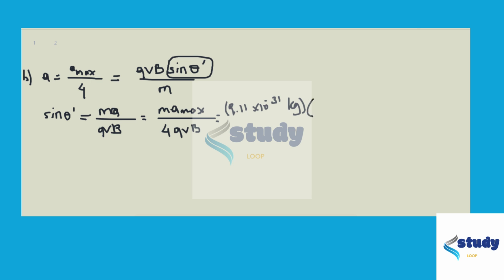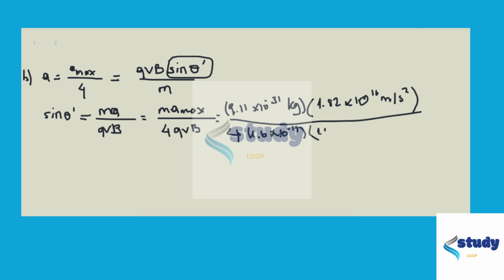And a max we found out to be 1.82 times 10 to the power of 16 meters per second squared, over 4 times 1.6 times 10 to the power of negative 19 coulombs times the velocity, 1.4 times 10 to the power of 6 meters per second.